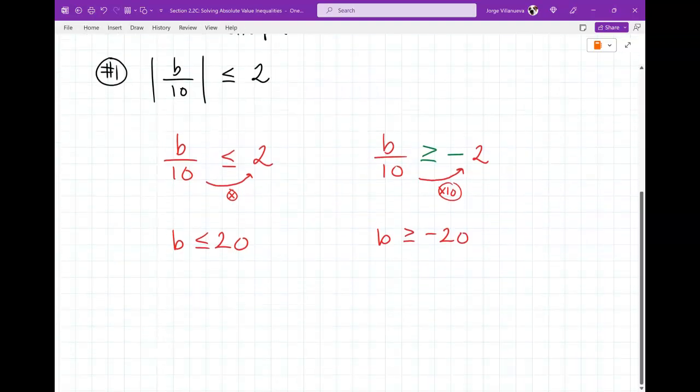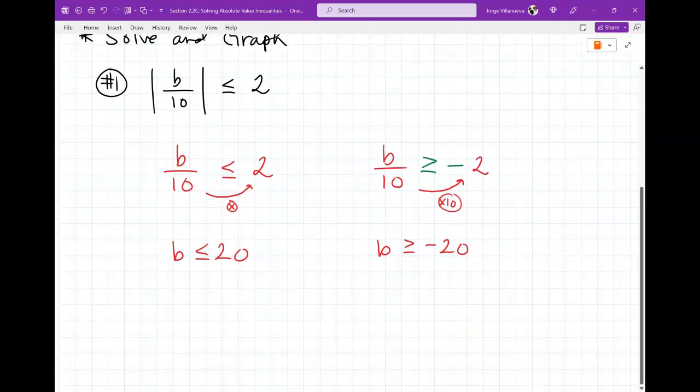Now this is a pretty extreme length, right? From 20 to negative 20. So I'm not going to do a bunch of little tick marks on my graph. Remember, this is an AND problem, right? How did I know it was an AND problem? Well, this piece right here tells me it's AND, because it's pointing at the absolute value. So these things should be coming towards each other.